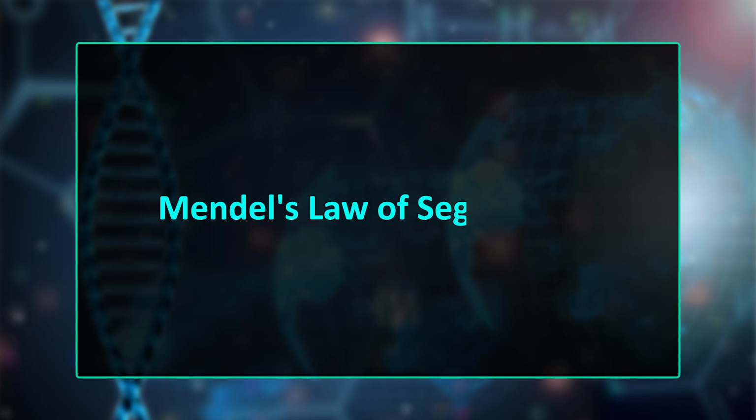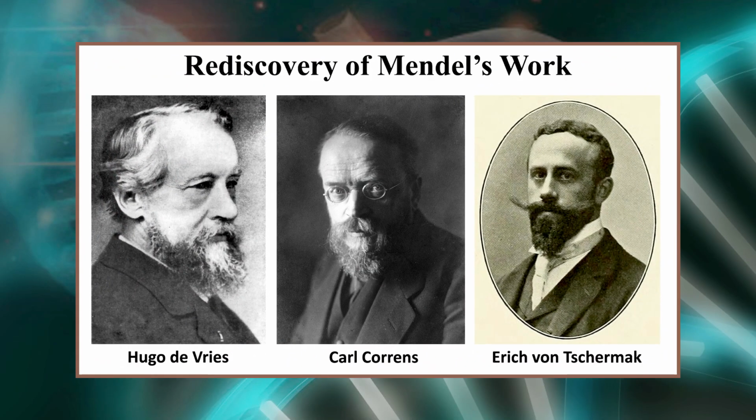Let us now discuss Mendel's law of segregation. In 1900, Mendel's experiments were discovered independently by 3 scientists: the Dutch botanist and geneticist Hugo de Vries, German botanist and geneticist Karl Correns, and Austrian botanist Erich Tschermak von Seysenegg, giving rise to the modern science of genetics.